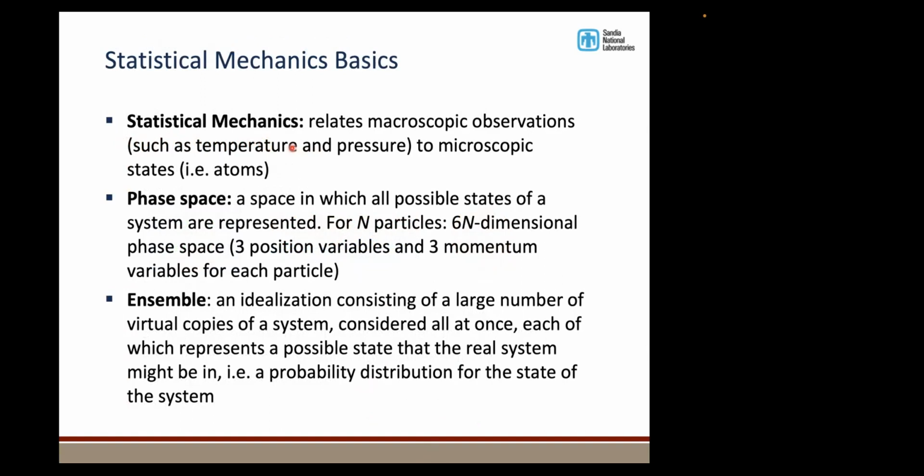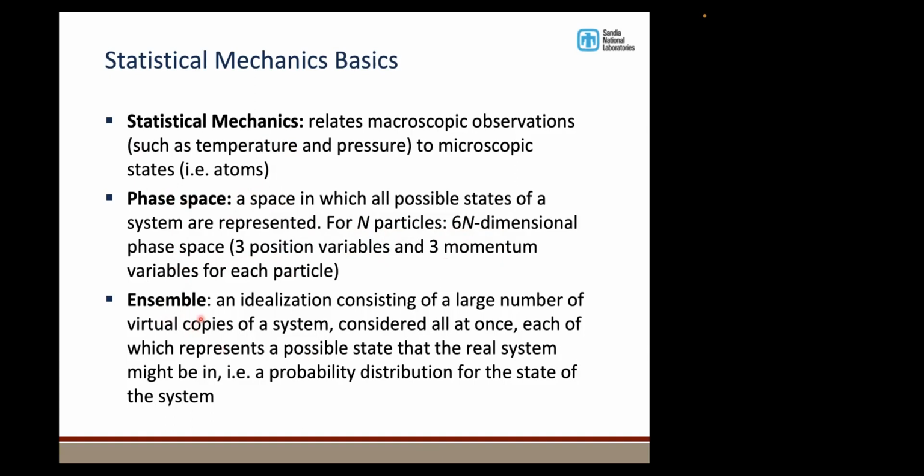And the way that we can do this is looking at phase space and ensembles. A phase space is basically all possible states of a system. So if you have N particles, then that gives us a 6N-dimensional phase space because you have 3 position variables and 3 momentum.